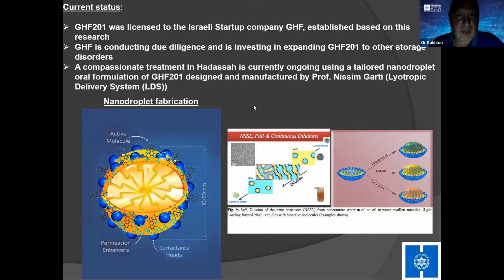And what I said in the beginning is that of course we cannot inject GHF201 as a DMSO solution. Instead, in collaboration with a company called LDS, Lyotropic Delivery System, they designed a special nanoformulation, which is oral, in which the bioactive is at the surface of this nanoformulation. It's a nanodroplet or nanoemulsion.